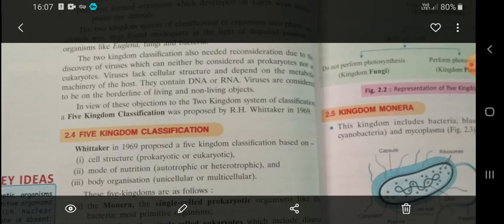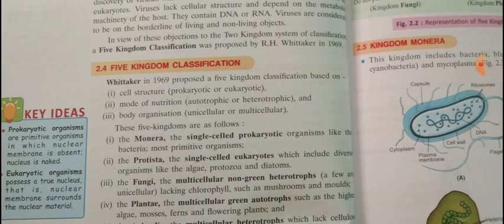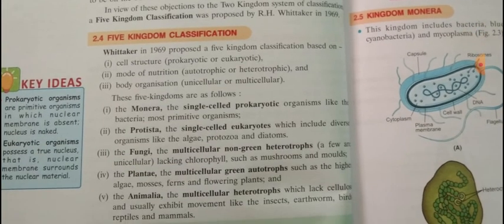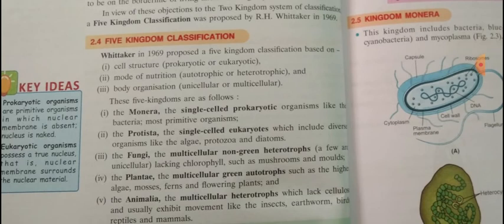Now, five kingdom classification. Whittaker in 1969 proposed a five kingdom classification based on cell structure, prokaryotic or eukaryotic, mode of nutrition, autotrophic or heterotrophic. The third one is body organization, that is unicellular or multicellular. These are some of the details that had to be kept in mind while classifying the five kingdoms.